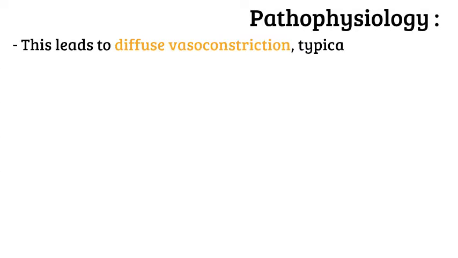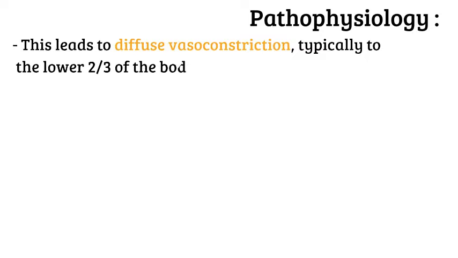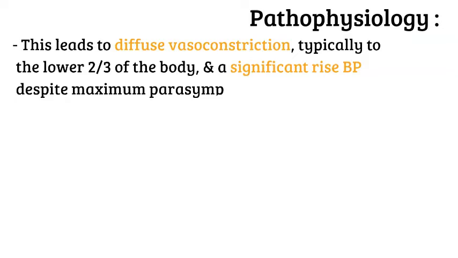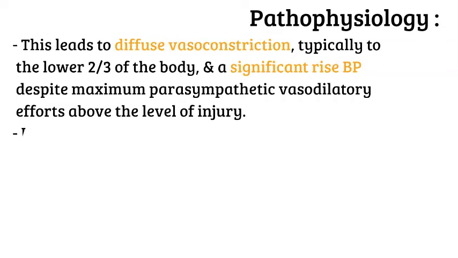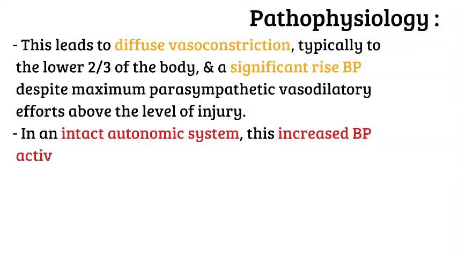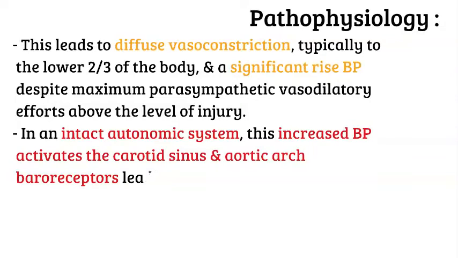This leads to diffuse vasoconstriction, typically to the lower two-thirds of the body, and a significant rise of blood pressure despite the maximum parasympathetic vasodilatory efforts above the level of the injury.